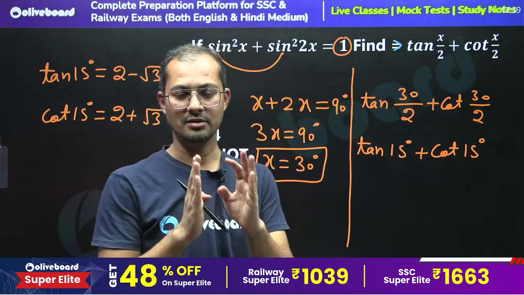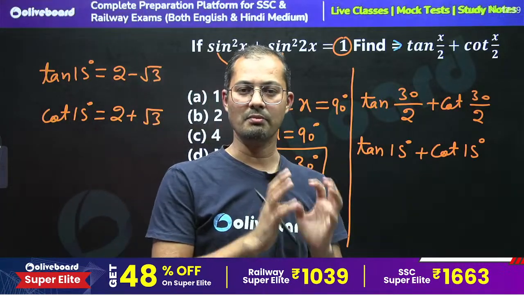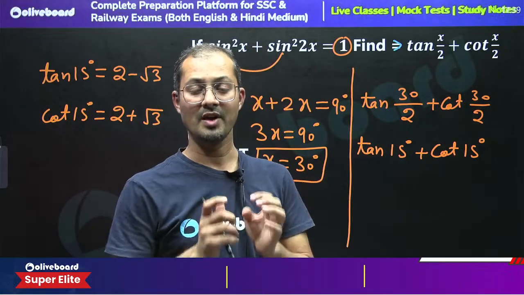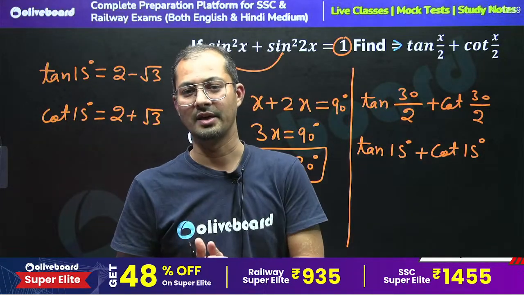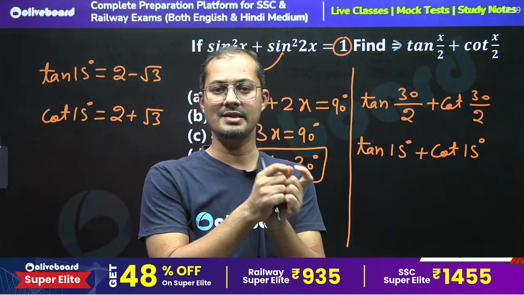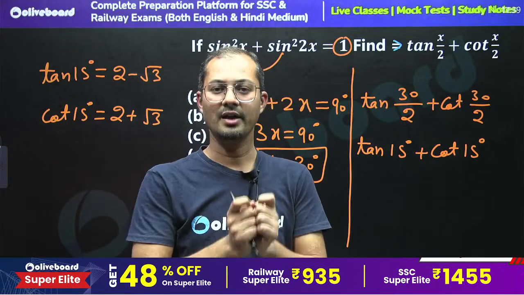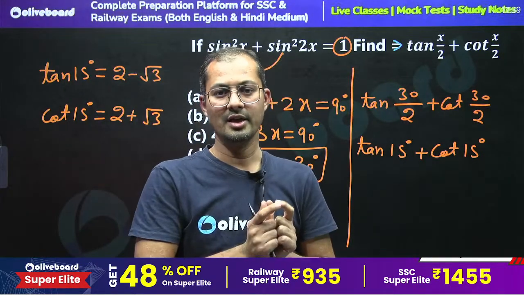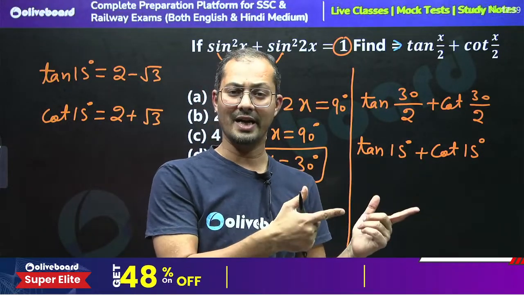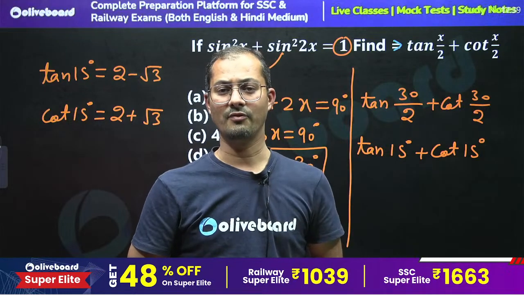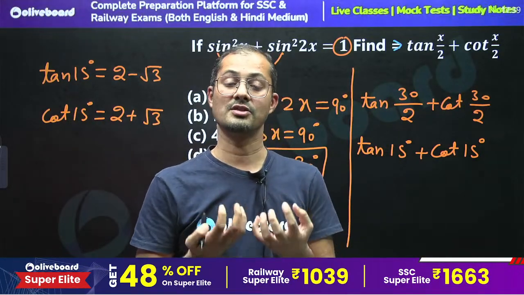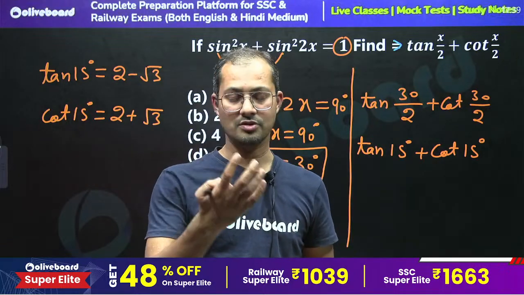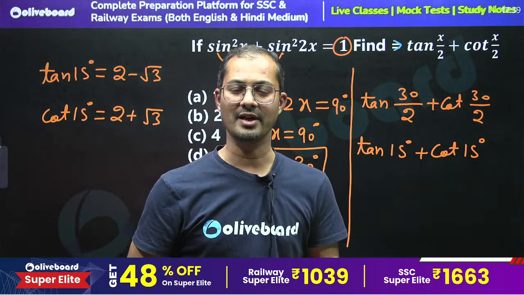So either you learn or you mug up the value of tan 15 degrees, or you can calculate it if you know the formula of tan (A minus B). There you can put A equal to 45 degrees and B equal to 30 degrees, and you will get the value for tan 15, but it will waste lots of your time. That much time you are not having in your exam.